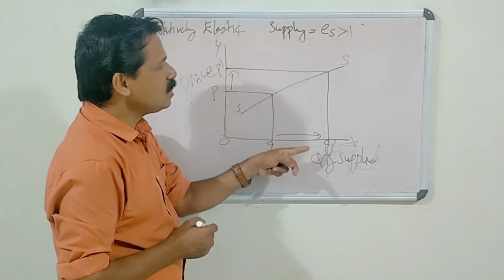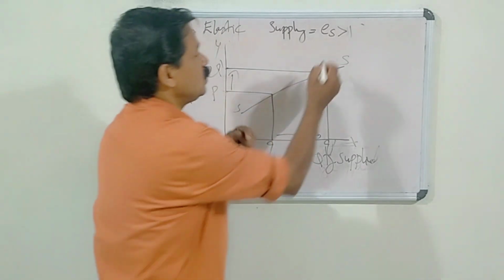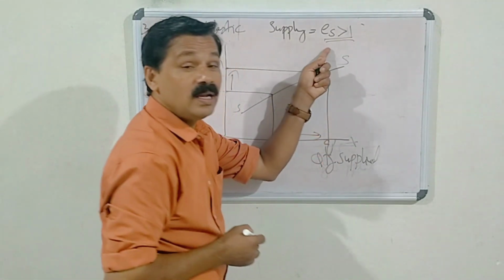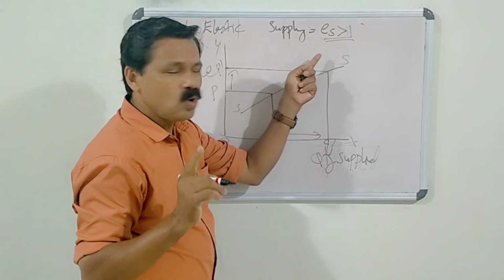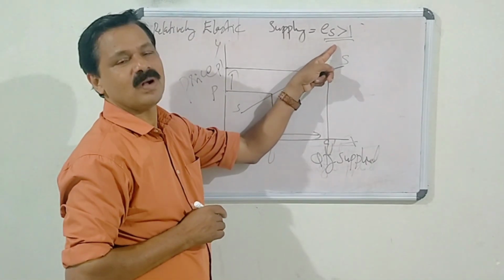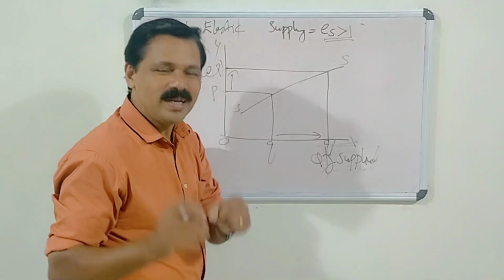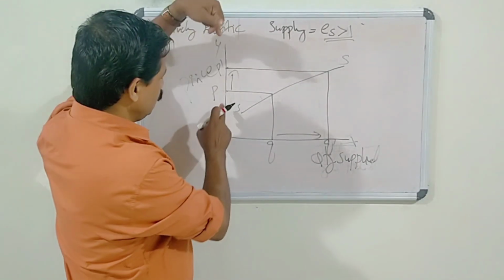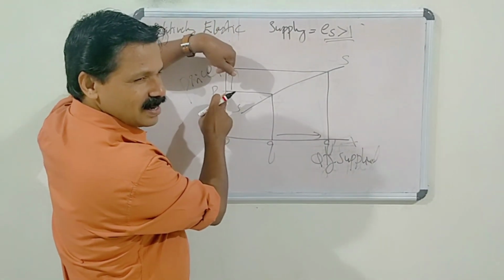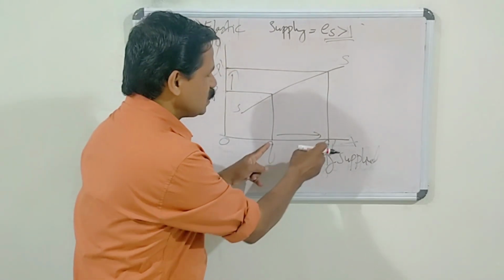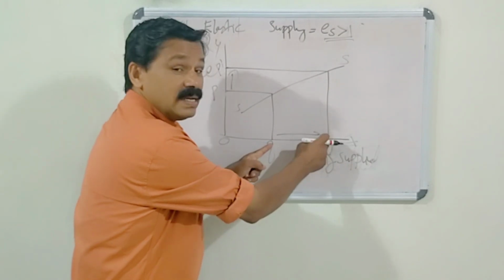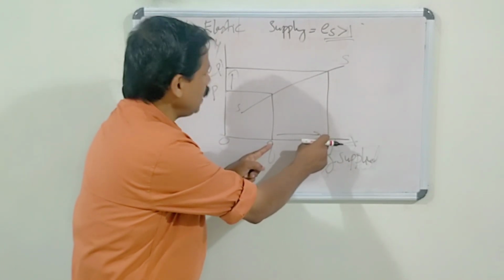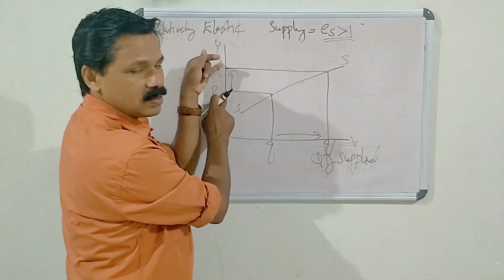Here the value of elasticity is greater than 1. The notable point here is the distance between P and P1 is much less than the distance between Q and Q1, or the distance between Q and Q1 is greater than the distance between P and P1.